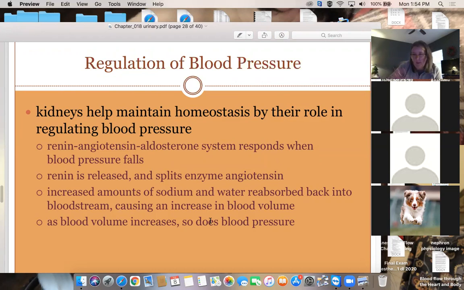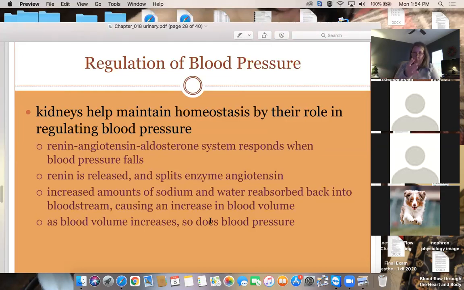Now, what did I tell you? Water follows sodium. So if the body retains sodium, it knows water will follow. And then you have more water back in the vessel. What does that do? Increase pressure in the vessel. If you have more water in a vessel, you have more pressure in the vessel. Therefore, as blood volume increases, hopefully blood pressure increases.